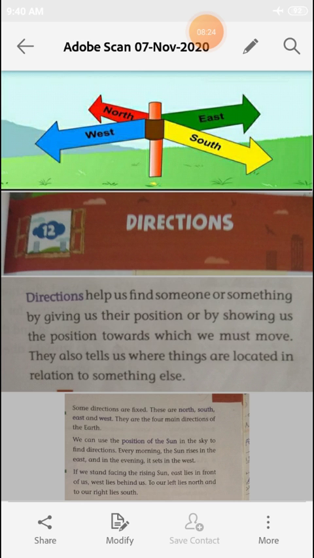Student, tell me the four main directions. Your answer is east, west, south and north. We use the word NEWS to find the direction.